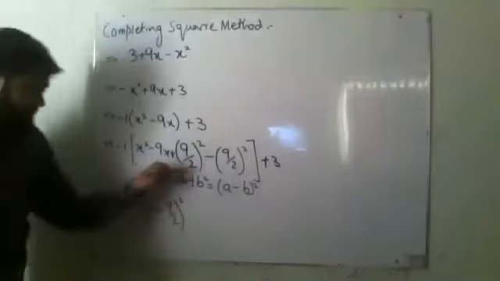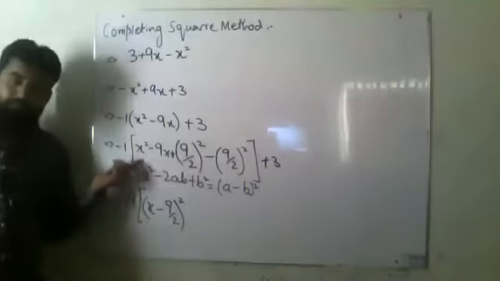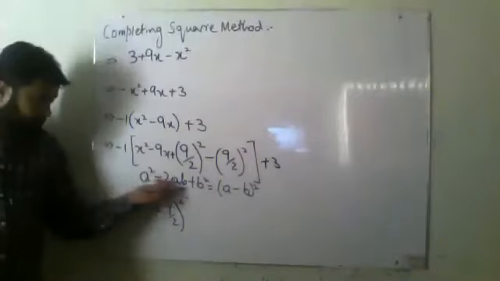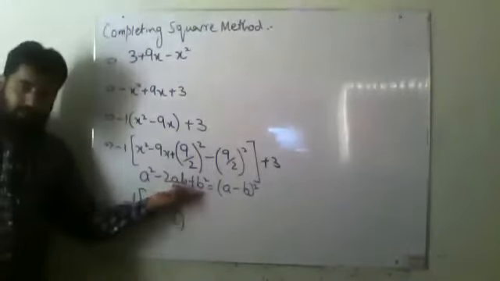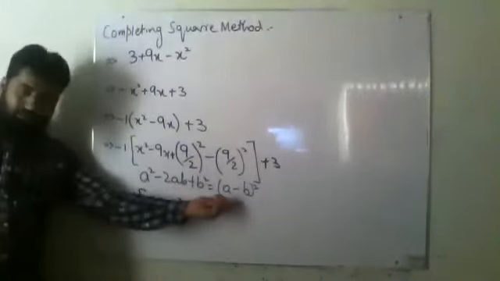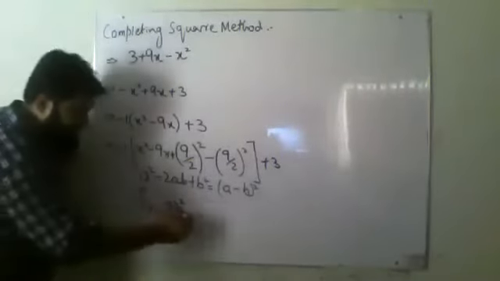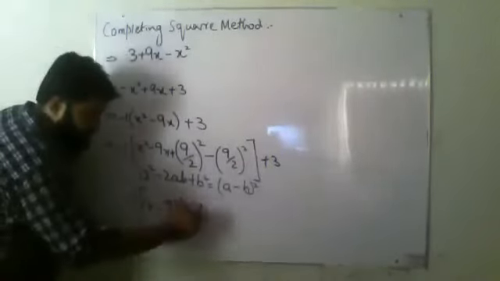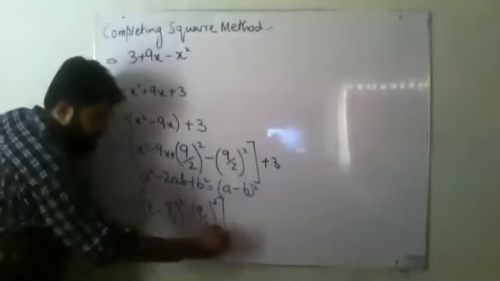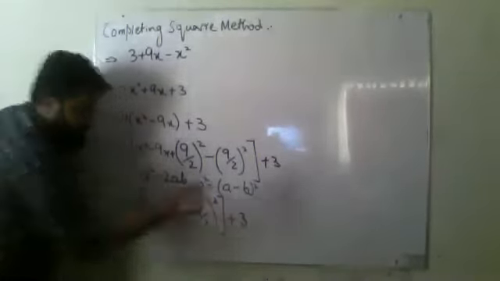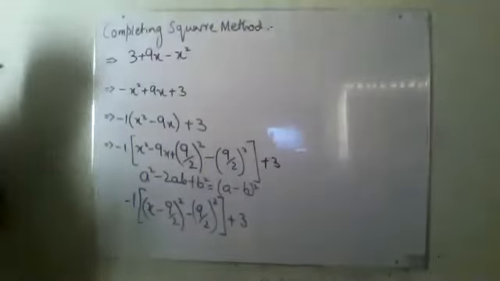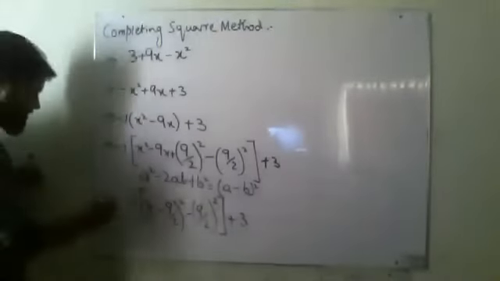These three terms are equal to this, so I have shifted it into this form. The rest will be written as it is: minus 9 over 2 whole square plus 3. Okay, now simplifying it further.